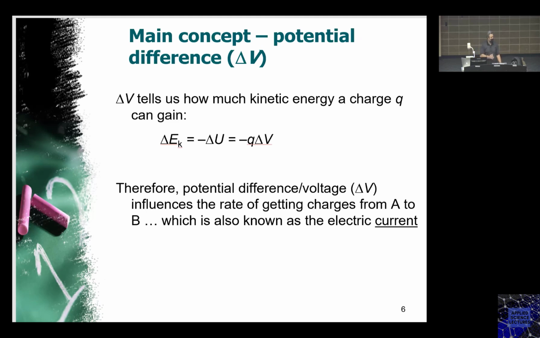So if delta U equals q delta V, and delta U equals minus delta EK, then I have this expression that relates the potential difference, the electric potential energy difference, to the kinetic energy difference. Delta U equals q delta V equals minus delta EK.